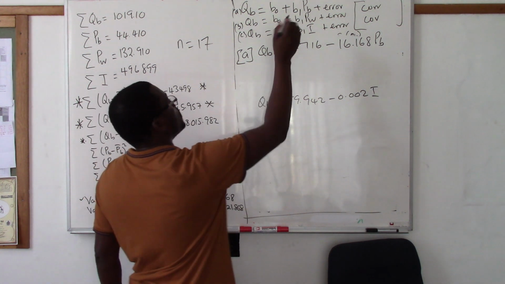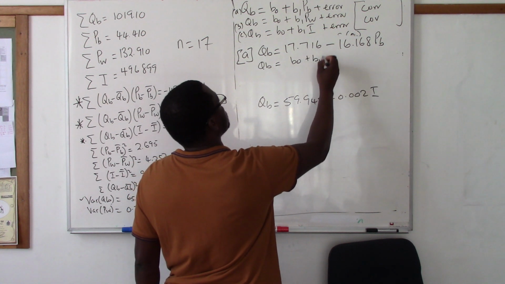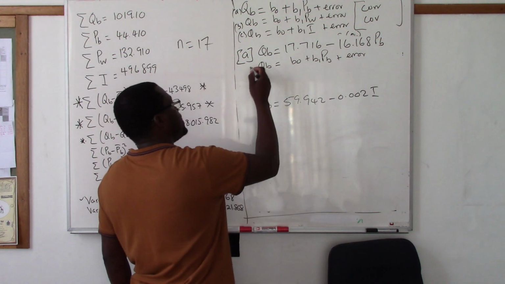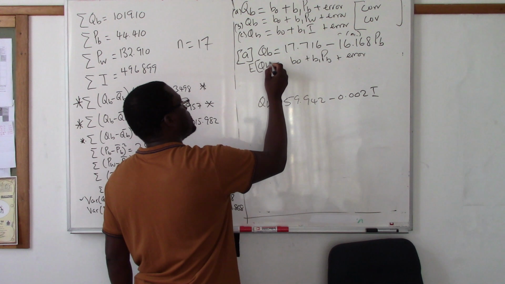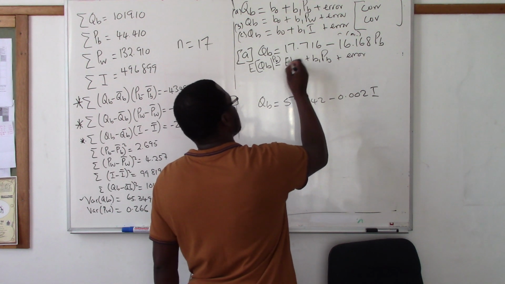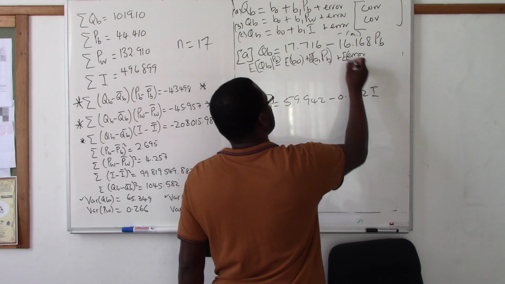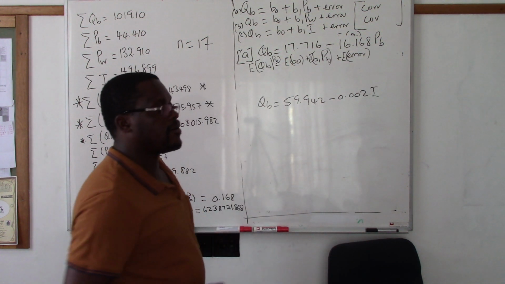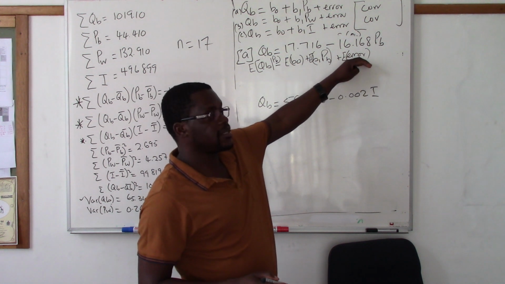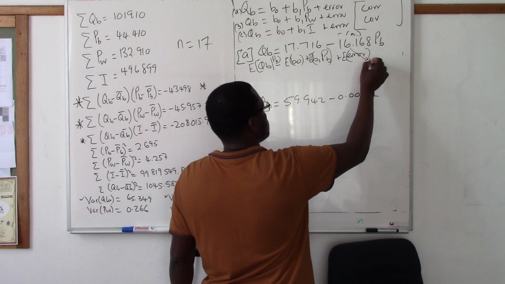Now, remember that your original regression is QB is equal to B0 plus B1 PB plus a random error. If we take expectations of both sides, given our price of B, by the assumptions of the classical linear regression model, the expected value of a random error term is 0, so this thing vanishes because of that.